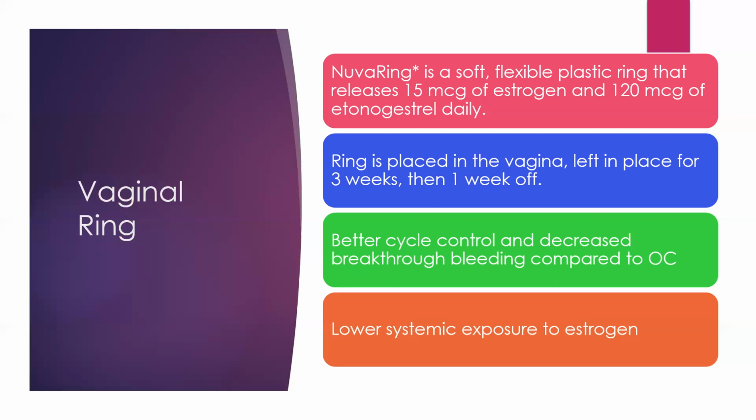Action: combination hormonal contraception inhibits ovulation via negative feedback mechanism on the hypothalamus, altering the normal pattern of gonadotropin secretion of follicle stimulating hormone and luteinizing hormone by the anterior pituitary.